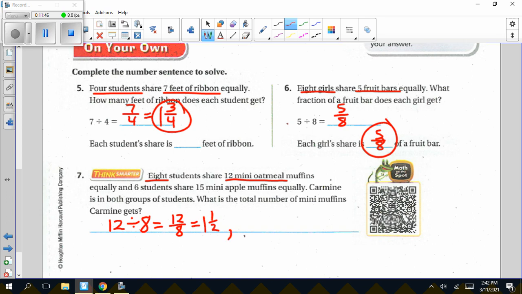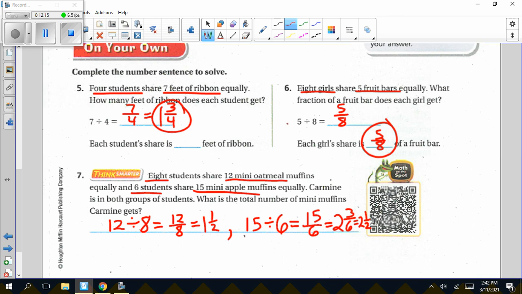The second group has 15 muffins divided among 6 friends. So it's 15 muffins divided by 6 people, which gives you 15 over 6. If you divide that, you will get 2 3/6, which in simplest form is 2 1/2.